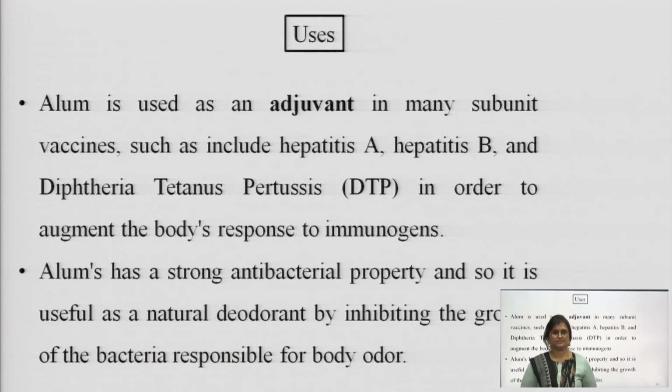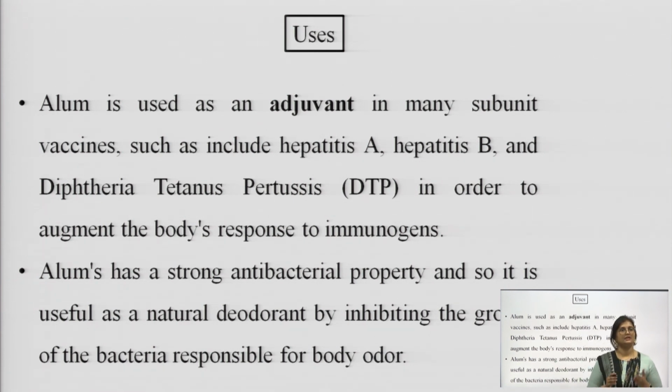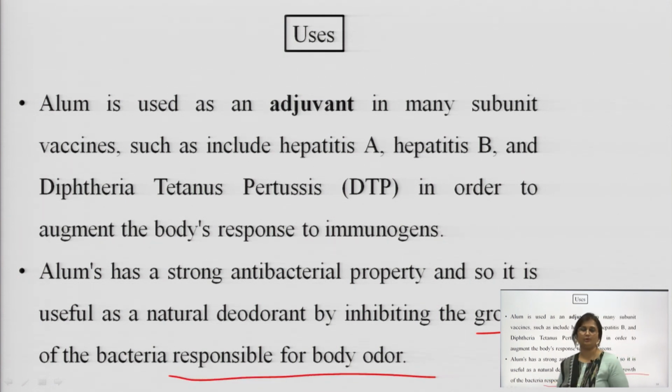When we talk about uses, alum is used as an adjuvant in many subunit vaccines such as hepatitis A, hepatitis B, diphtheria and tetanus, in order to augment the body's response to immunogens. Alum has a strong antibacterial property, so it is useful as a natural deodorant by inhibiting the growth of the bacteria responsible for body odor.